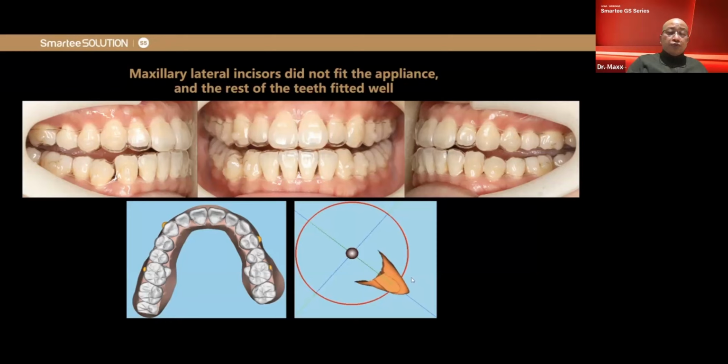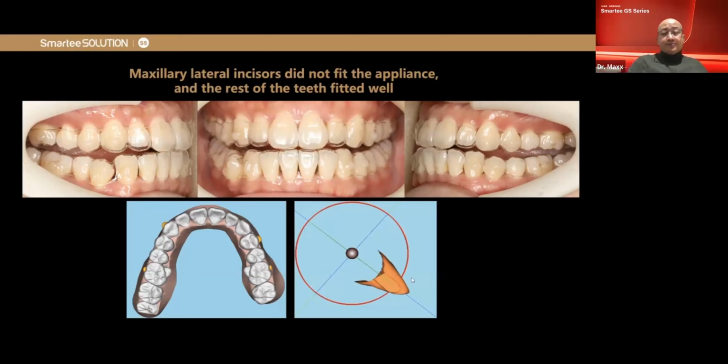Because with the proclination, the crown is relatively intruded. Because the lateral incisors do not have any attachment, the aligner could not push them down to fit the aligners.